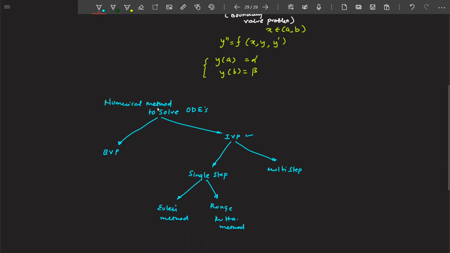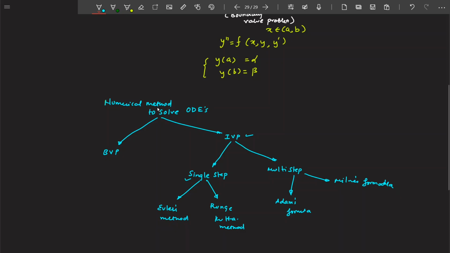These methods are known as single step. And when you talk about multi-step, there is the Adams formula and Milne's formula. There are a lot of other techniques as well, but we are just going to discuss these.